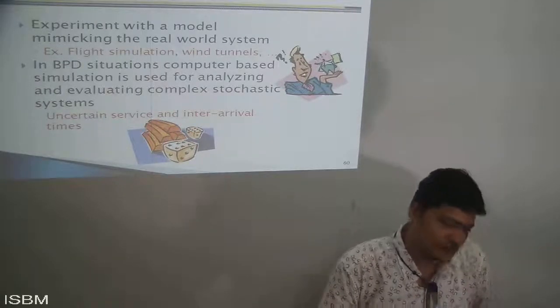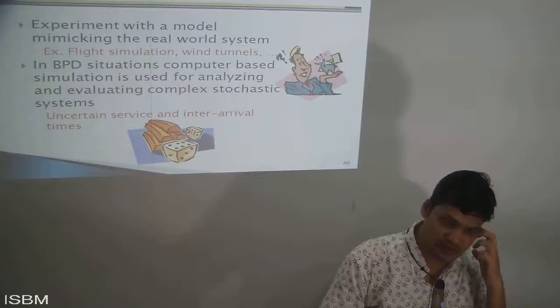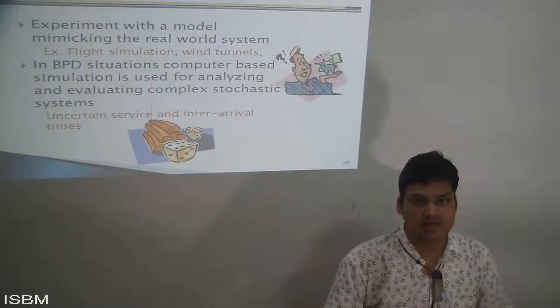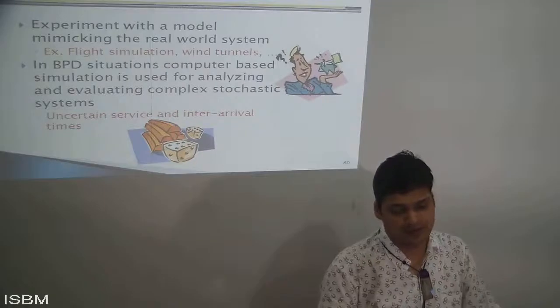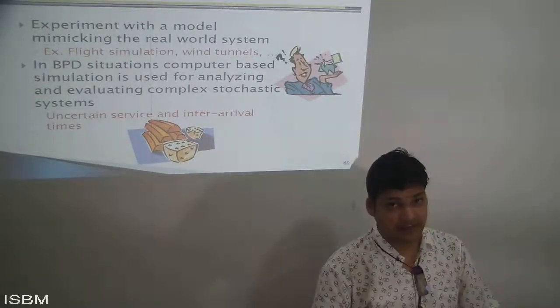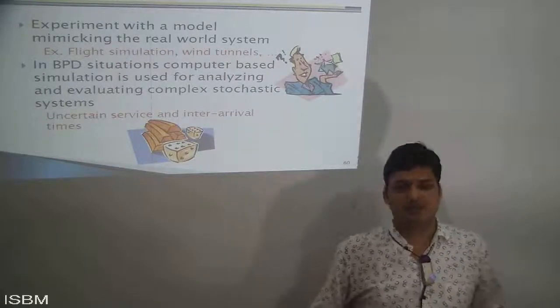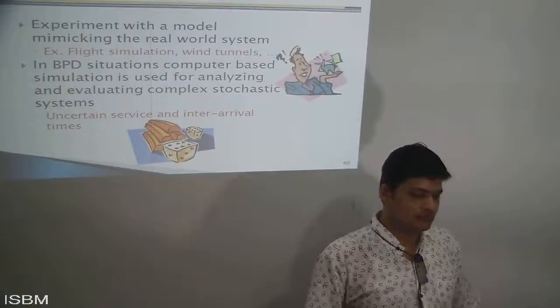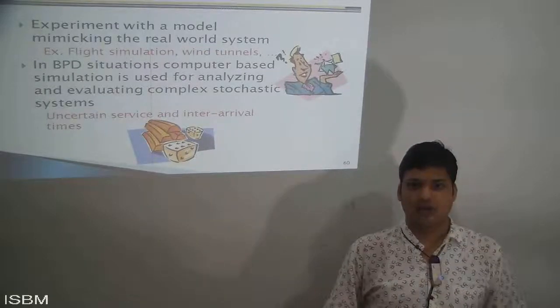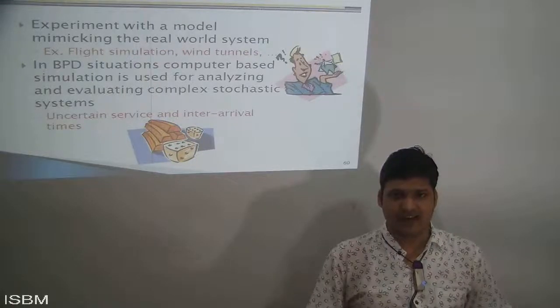Basically, simulation is used for inter-arrival times and all such things where we have random numbers. With the help of random numbers, we will calculate the expected number of arrivals. I can give you an example. Suppose you have a cake shop nearby your house and you have to calculate the number of customer arrivals in a day.